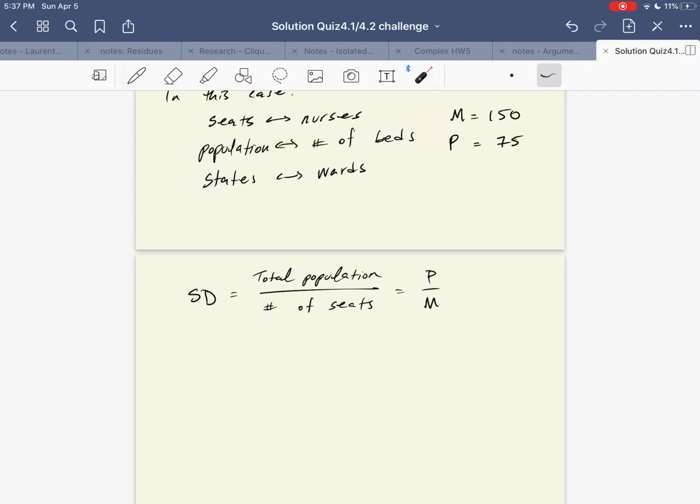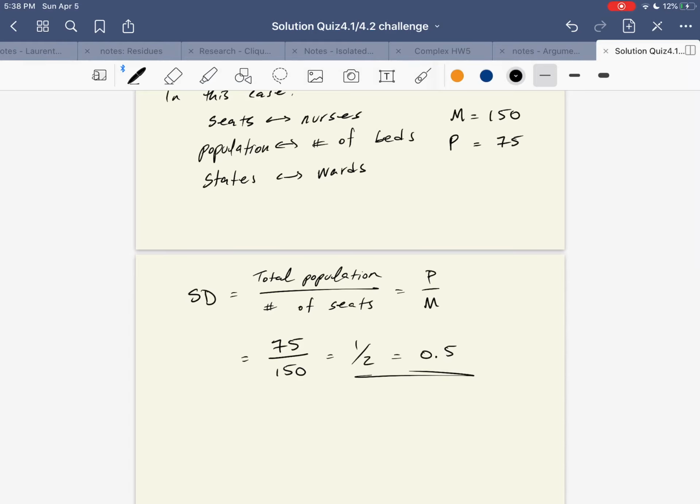Don't mix up which one's which. I know we would like to put the bigger number on top usually, but in this case, the number on top is the smaller number, 75. So this is 75 over 150, which is actually 1/2 or 0.5.